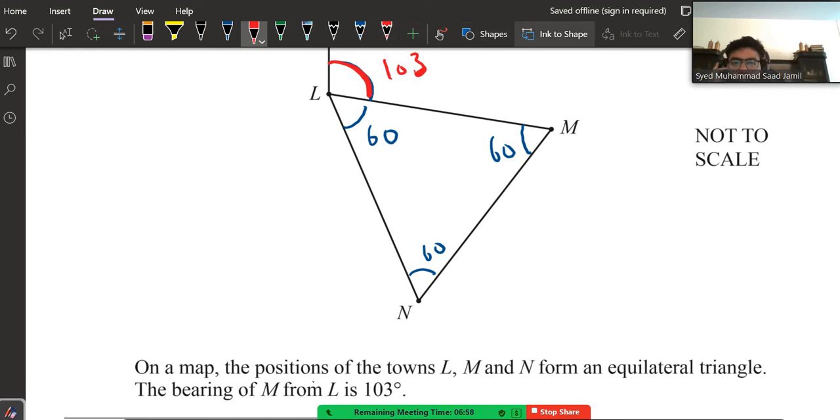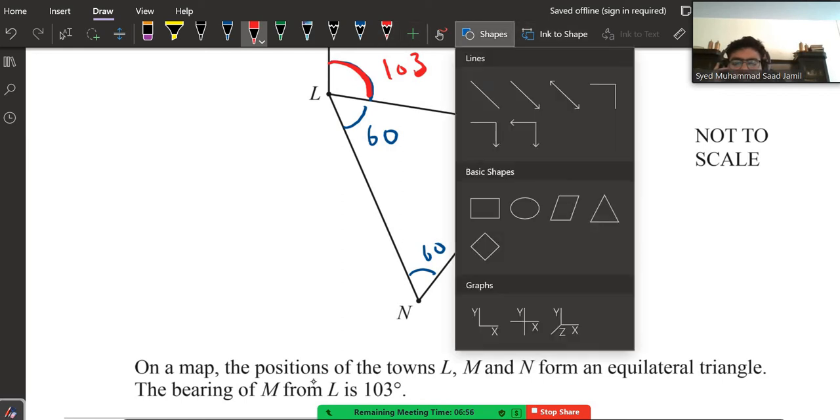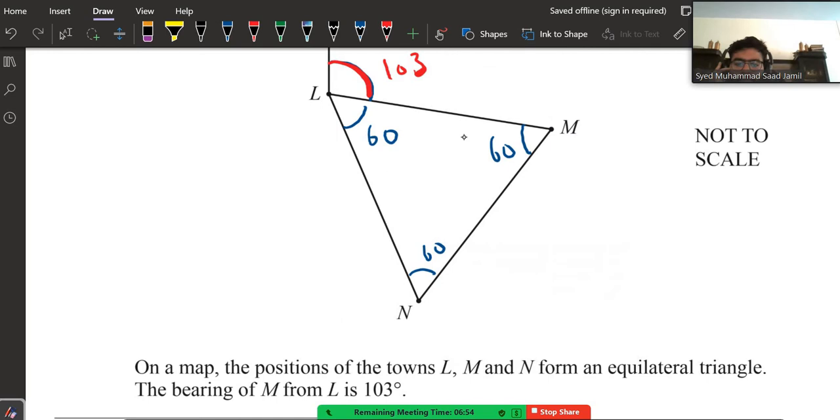Let me use some lines. Alright, so now the question is saying all the way from here till here. Let's avoid some confusion. All the way from here till here, till this line.